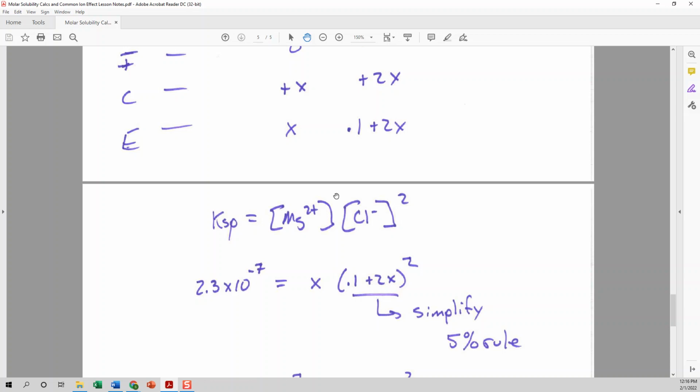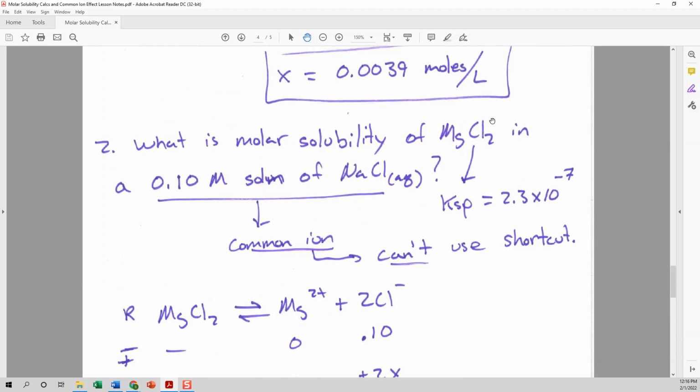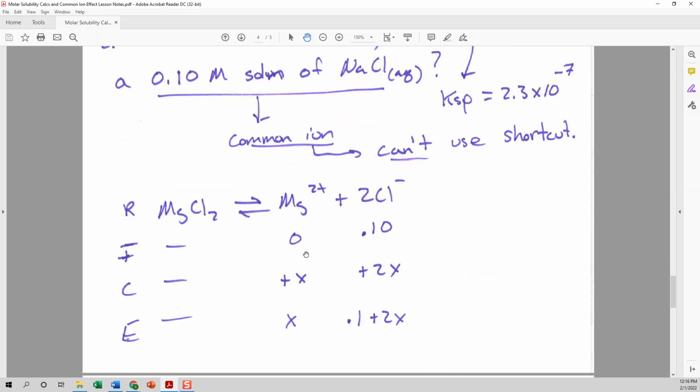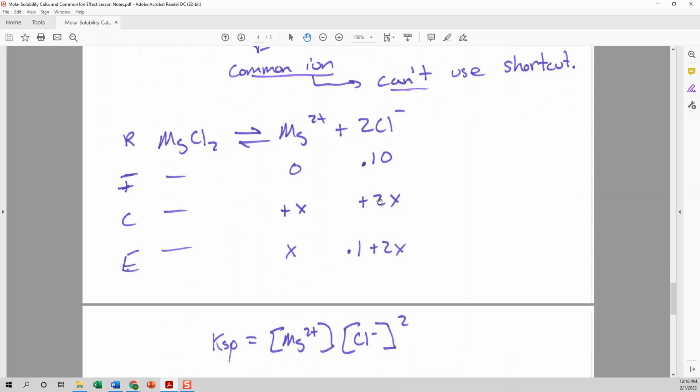What we have to understand is that the reaction must shift this way to reach equilibrium. But we know, even if these were 0 and 0, the reaction is not going to shift that far because KSP was a really small number. So the equilibrium constant is a really small number. So only a little bit of this will dissolve. That's what that's telling us. So this X value, even double it, even 2X over here, is really small. And it's going to be really small compared to 0.1.